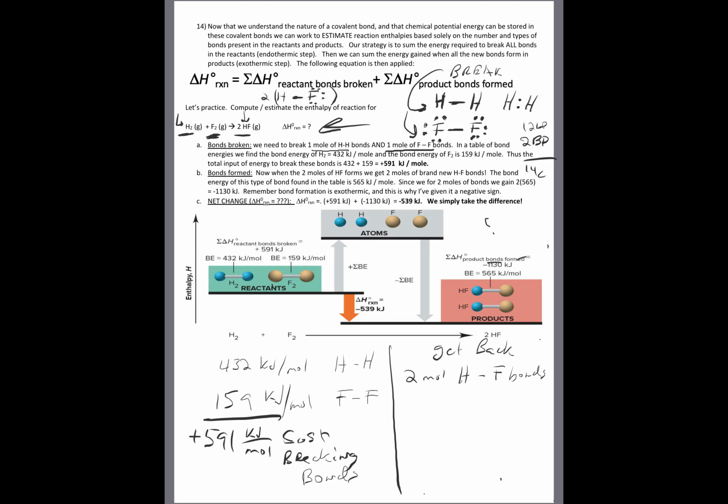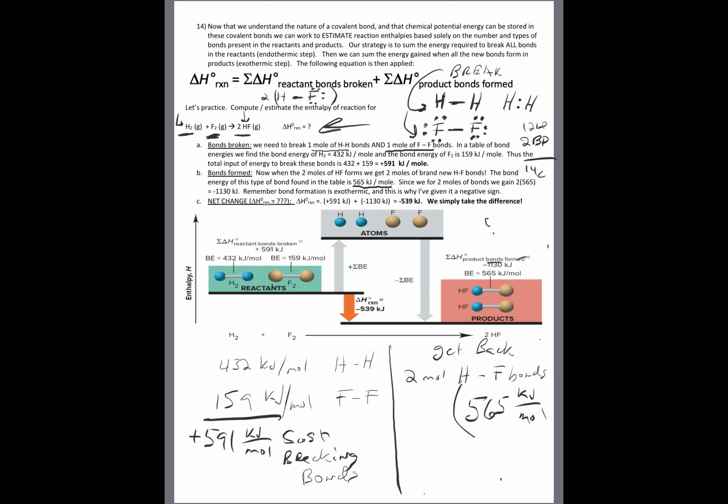That's what we make once we recombine the atoms into products. You get 2 moles of HF bonds. So we can look up on that table what the bond energy is for the HF bonds. And when we do go and find that, the number that's listed is 565 kilojoules per mole of HF bonds.